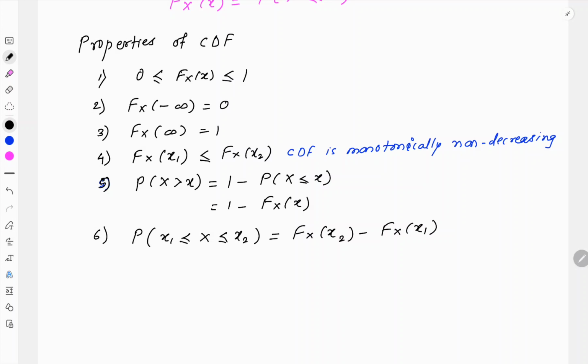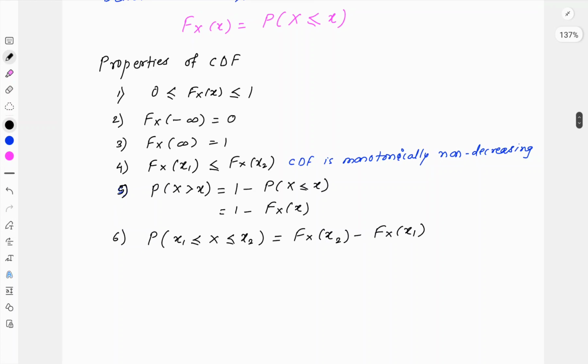So these are the properties of CDF. Now next, one equation we have to go through, which we need to solve numericals. So it is the equation for discrete CDF. It is a very crucial equation.